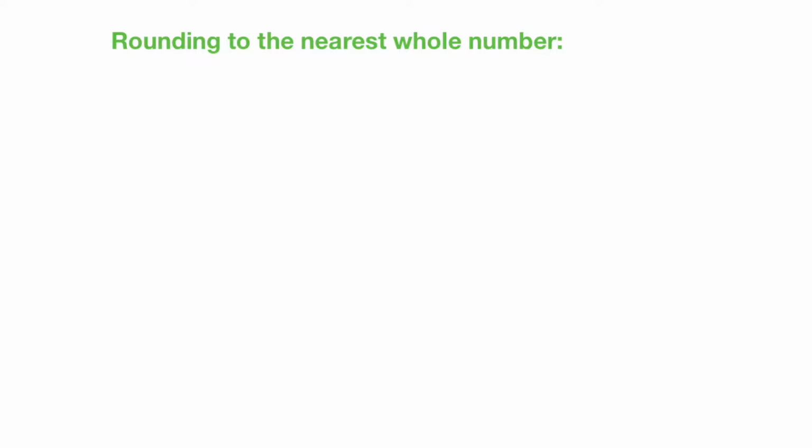So our answers will be things like 36 or 452 or 17 or 2. So we're not going to have any decimals. We are not rounding to the nearest 10 or 100 or 1,000, but we are just going to round to the nearest whole number.